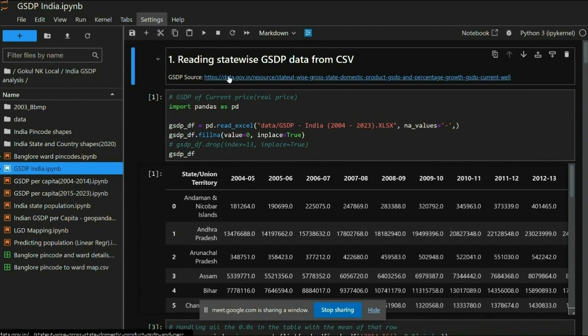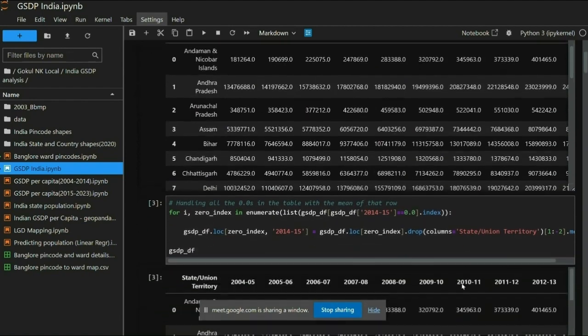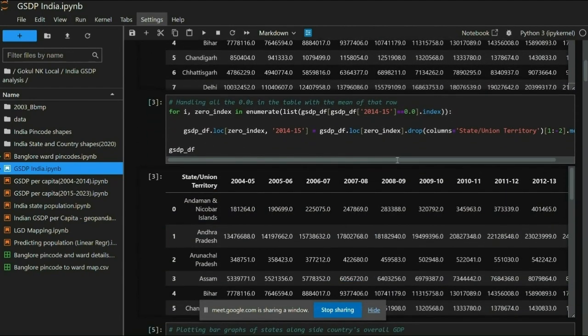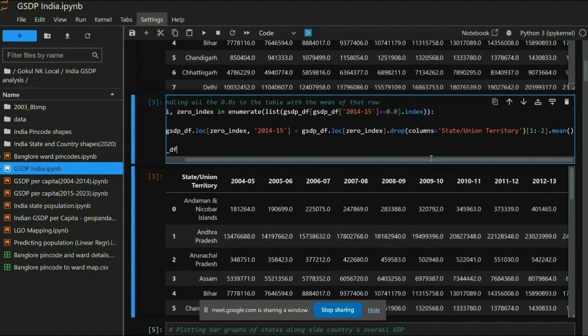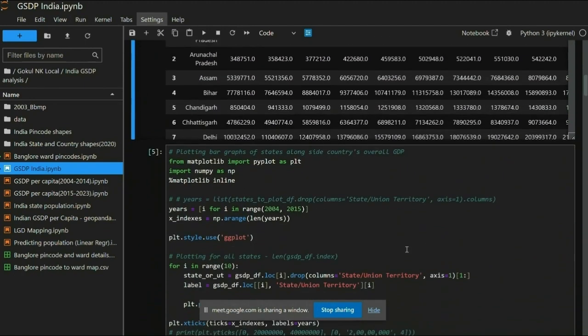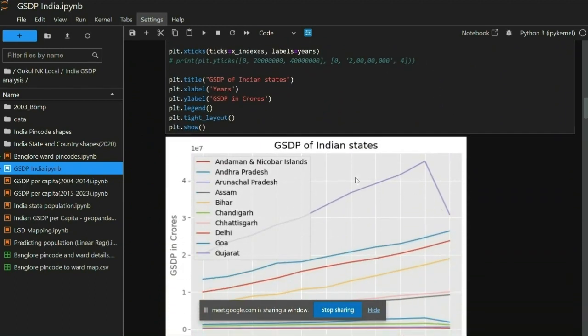We have loaded the GSDP data set into a pandas data frame here, and handling all the zeros here by finding the mean for each row, making sure there are no empty values, then plotting the GSDP.